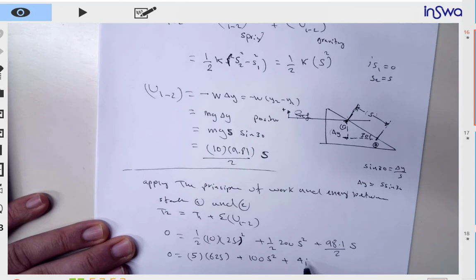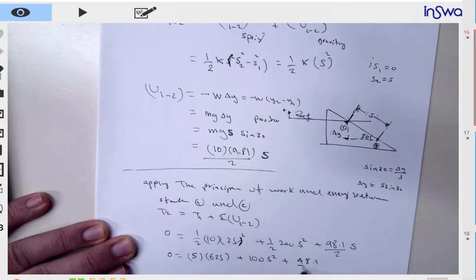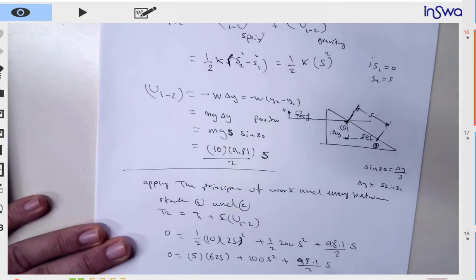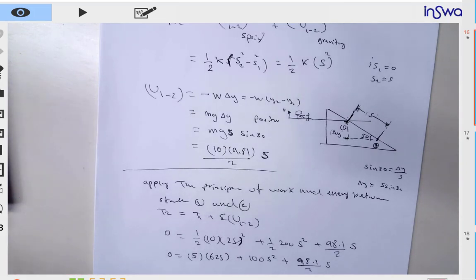My math is bad. This is a quadratic equation, and you need to solve for s.